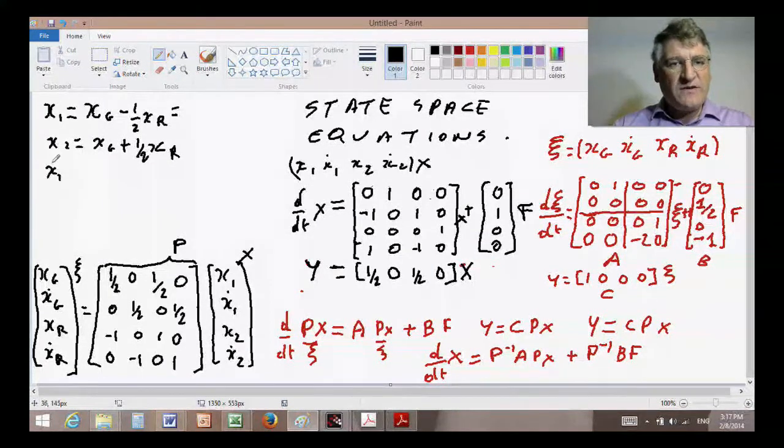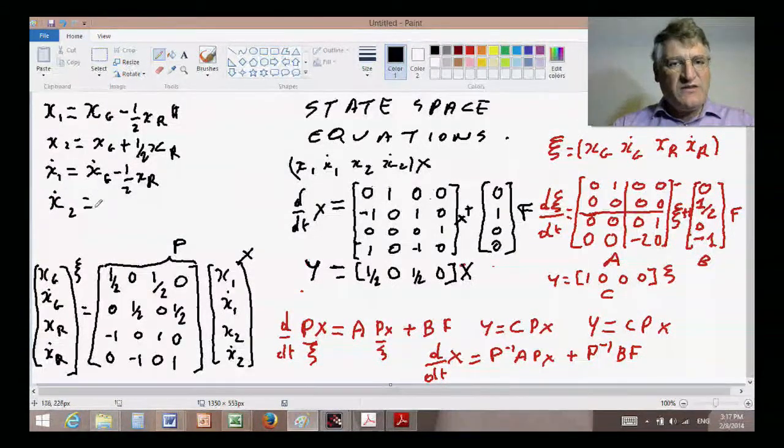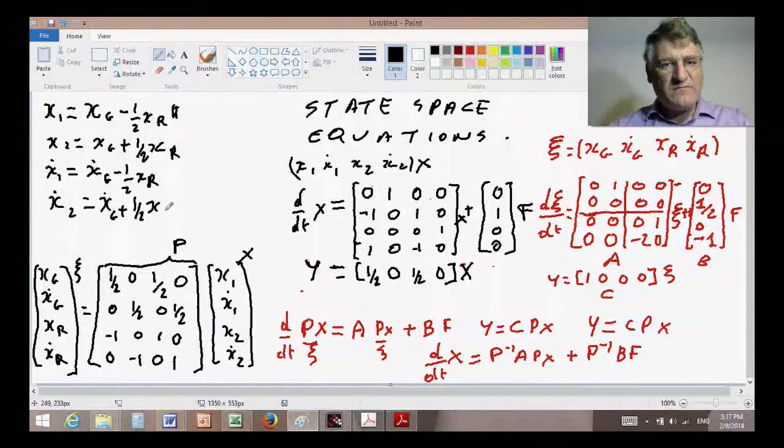And x1 dot is equal to xg dot minus 1/2 of xr, and x2 dot is equal to xg dot plus 1/2 of xr.